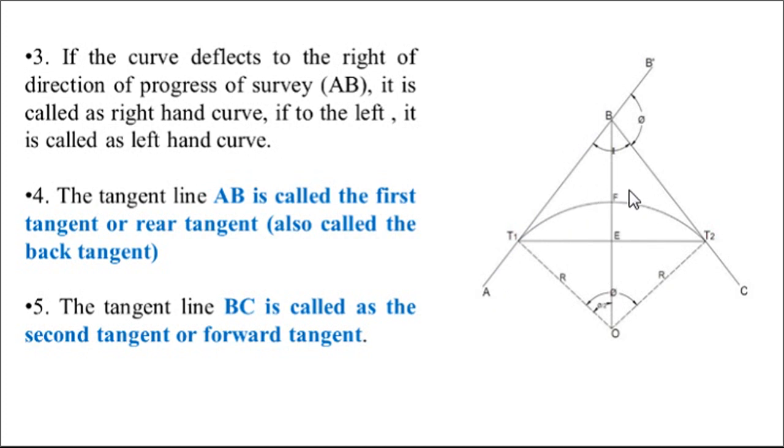Because before the starting of the curve the tangent is there, that's why it is called the rear tangent or back tangent. Next, the tangent line BC is called the second tangent or forward tangent. Here the curve ends and then there is a tangent, that's why it is called the second tangent or sometimes the forward tangent to the curve.